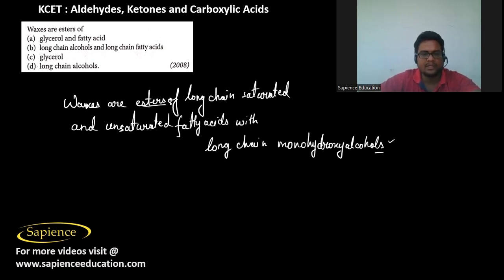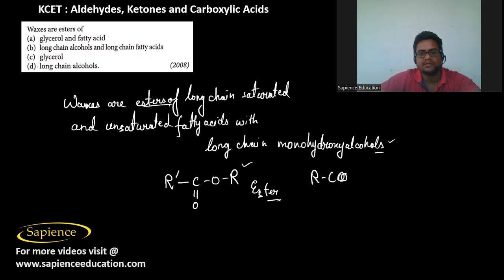So they are esters. It means it is of the form R'COOR. So it is in the form of esters which are formed from long chain saturated and unsaturated fatty acids. It means that R'COOH, which is a fatty acid, should be long chain.